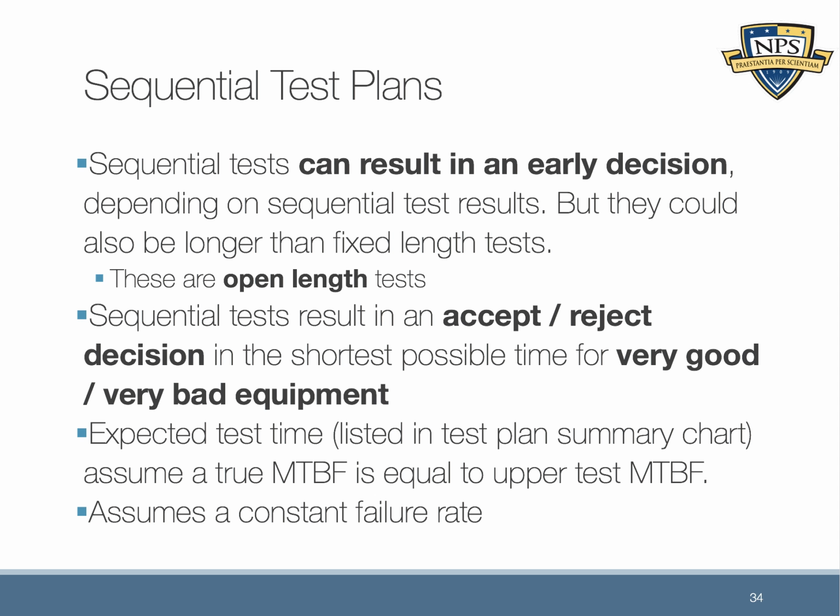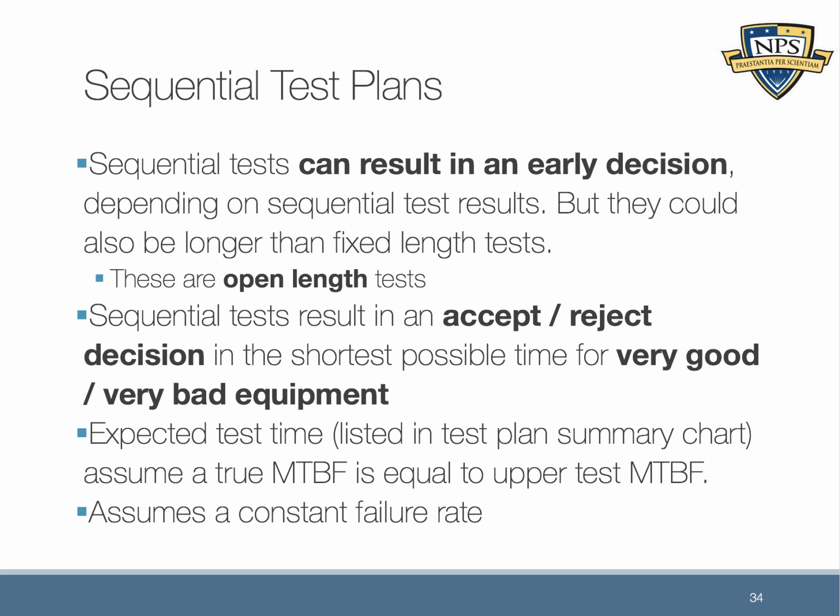If you don't get to that criteria, it can go on for a long time, and it can cost a lot of money. So it's really important to know that. But in a lot of cases, sequential test plans are valuable because they get to a decision very quickly. The irony is that the variability can be kind of scary, but in general, that's actually the value of the test.